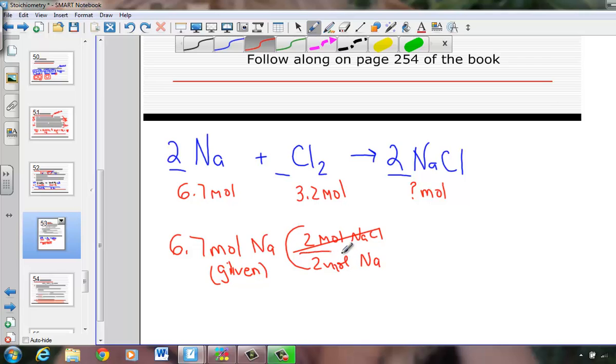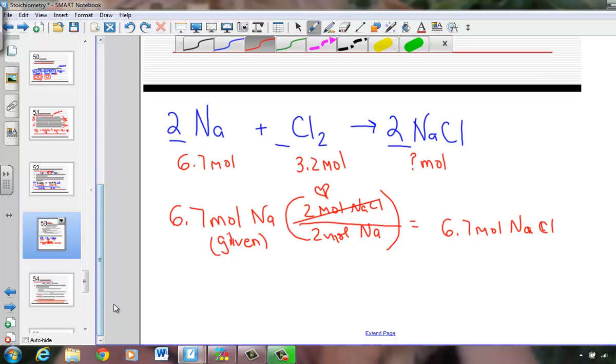A want over given ratio. It's very difficult to draw with this. Thank you for your patience. The heart of our problem, a want over given ratio. So 2 over 2 times 6.7, of course, gives us the same value. So one option we've just determined with a little mole-mole ratio, 6.7 moles of NaCl would form for every 6.7 moles of sodium we begin with.